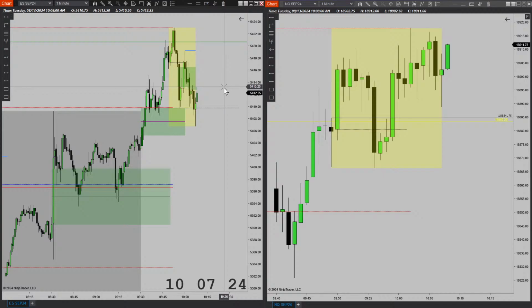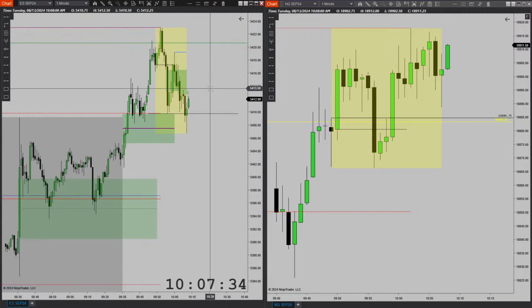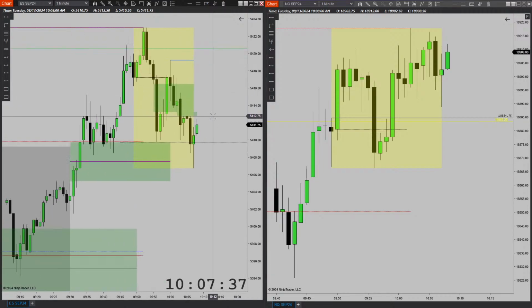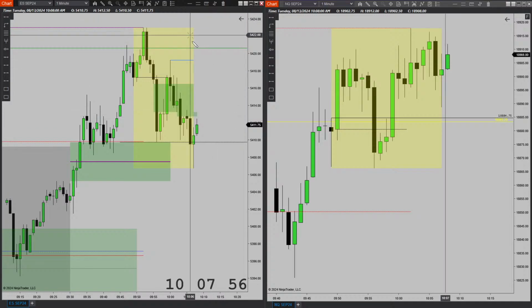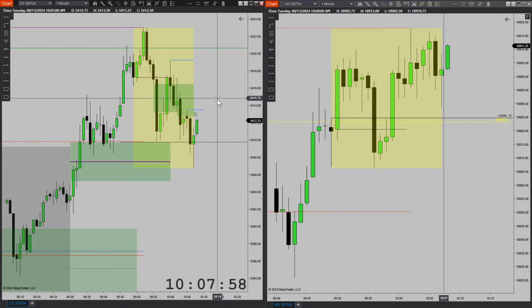If we get a close above this area here, then I'll take my stop. Break above this high would be a market structure shift.